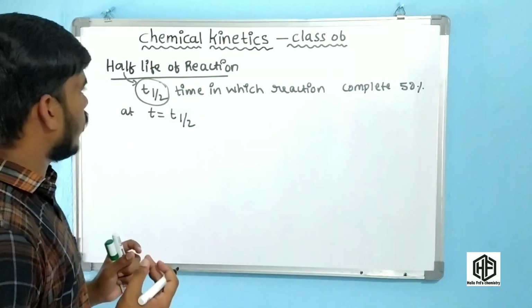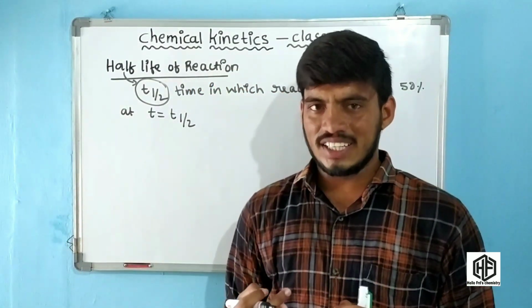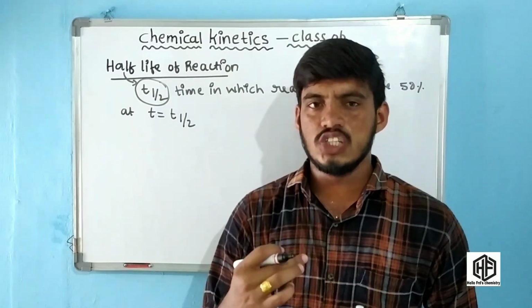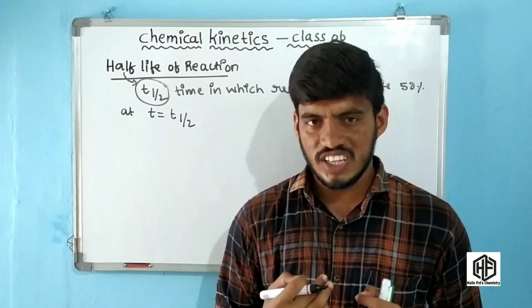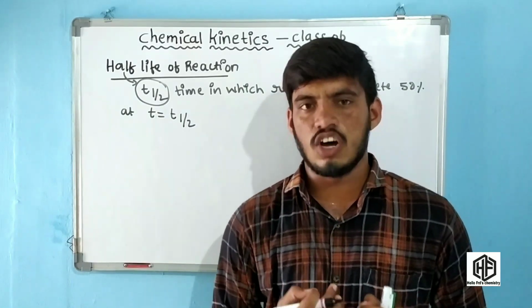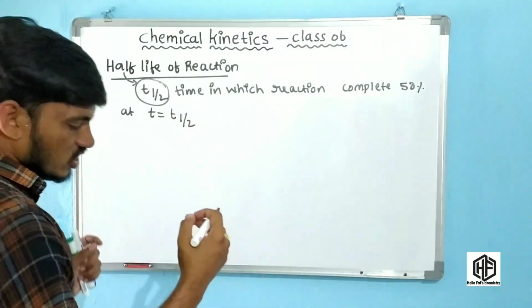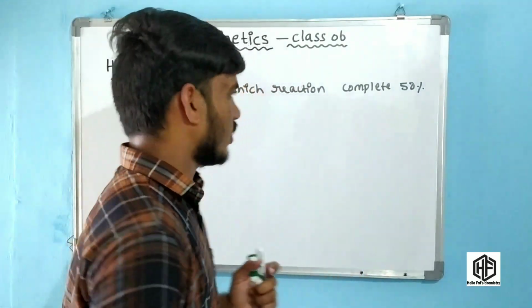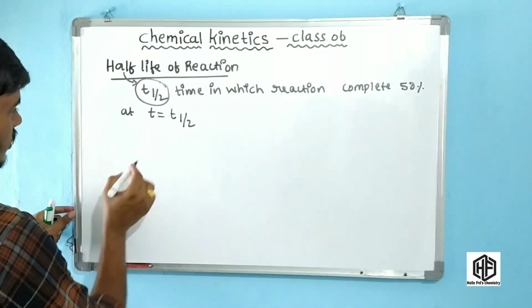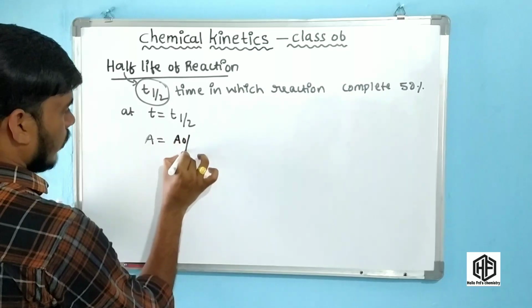It means the concentration of reactants is reduced to half of the initial concentration. That is called the half-life of reaction. It means A is equal to A naught by 2.